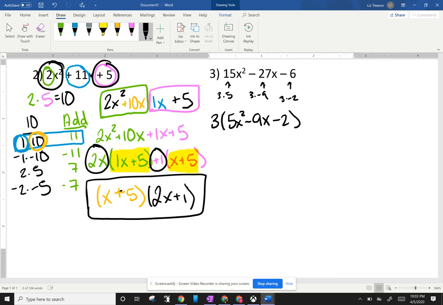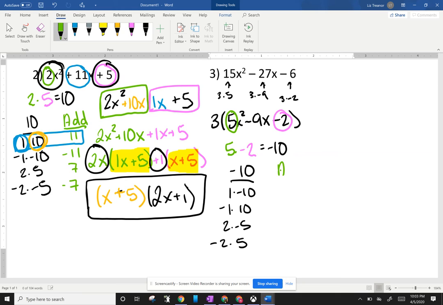And now we're going to factor what's in the parentheses by grouping. So we got 5 times -2 equals -10. The factor pairs of -10 are 1 times -10, -1 times +10, 2 times -5, -2 times +5.